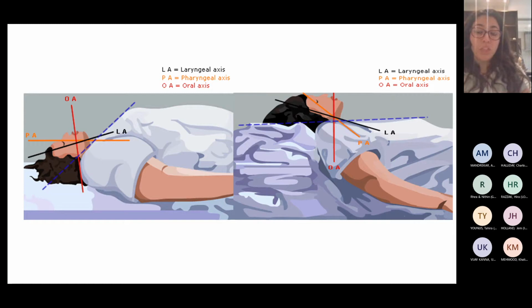If a patient's BMI is high, to help clear their airway, instead of putting just one pillow or sheet under their neck, which will make the situation even worse, you need to put more pillows under their shoulders and under their neck. This will help the alignment of the axes even better and help open the airways.